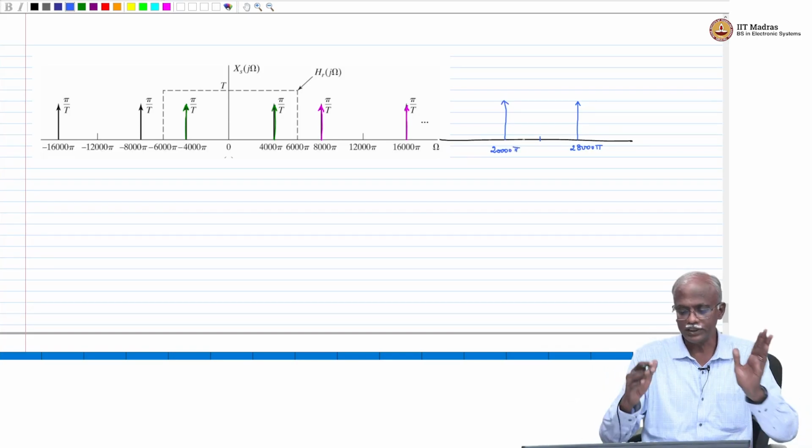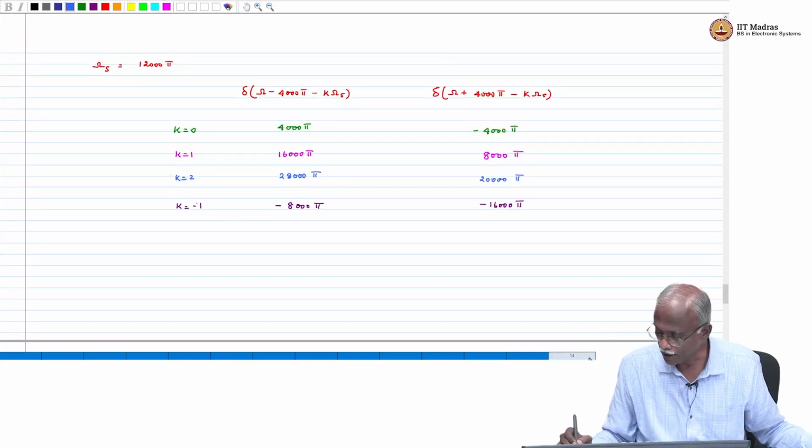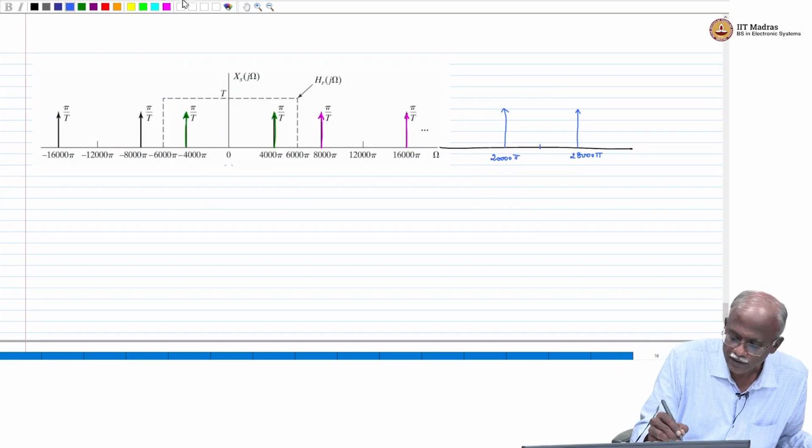Okay, so basically you can see that copy coming, and of course the last one will be brown. We will scale this one with the brown.